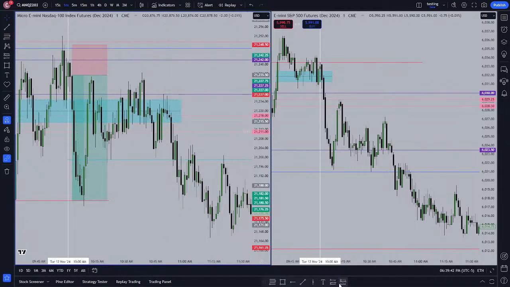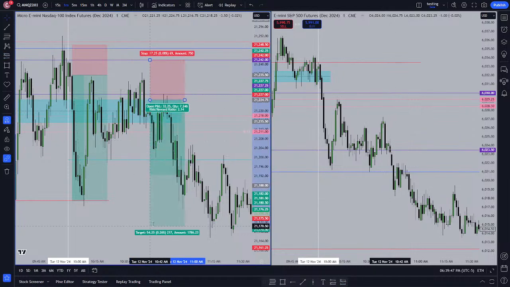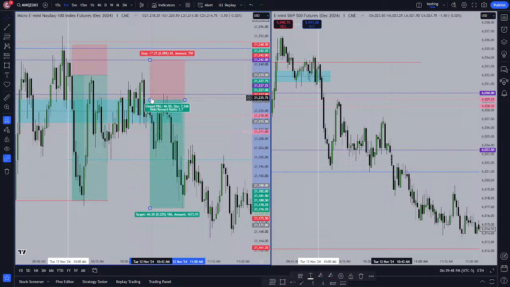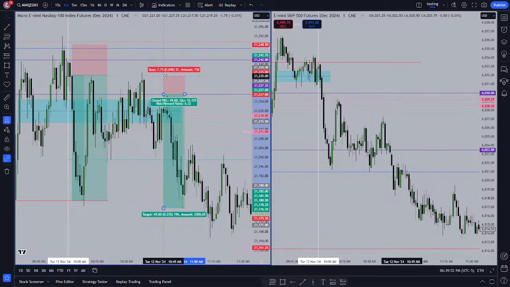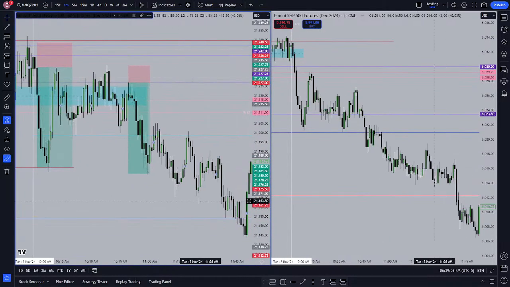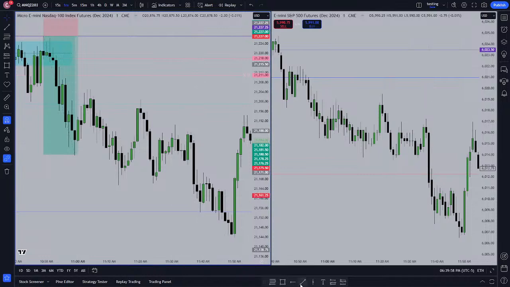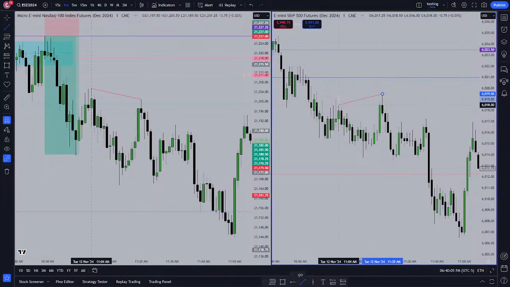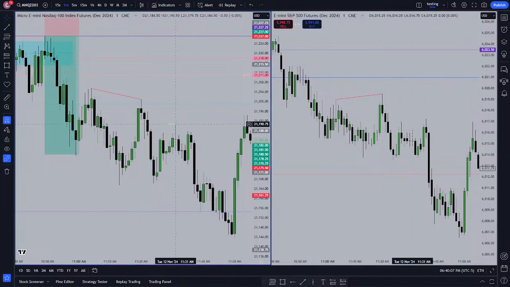You could be short from here to here. This is where you get in. Stop above that high. And then you could be short again here. And I like this.